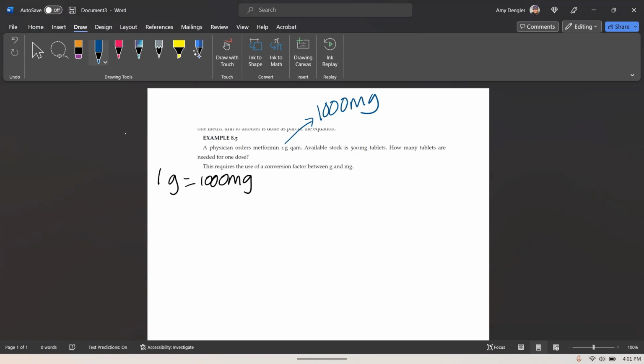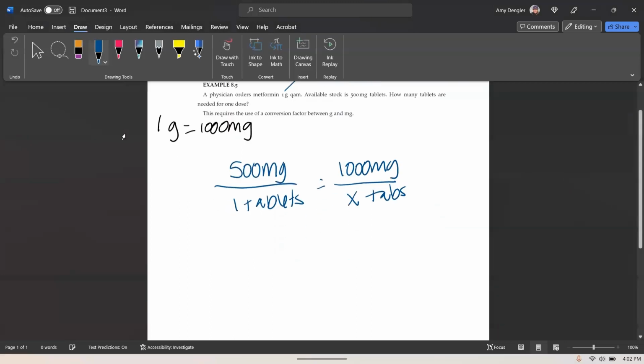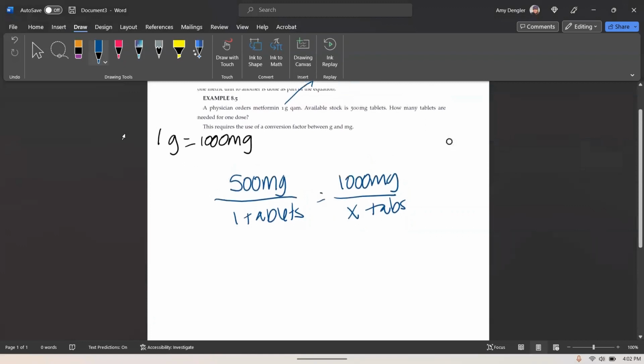So we have our stock, which is 500 milligrams for 1 tablet. We need 1,000 milligrams. How many tablets? Again, if you can figure this out in your head, that's perfect. That's what you eventually want to be doing with things like this. But we'll work it out. So we cross multiply.